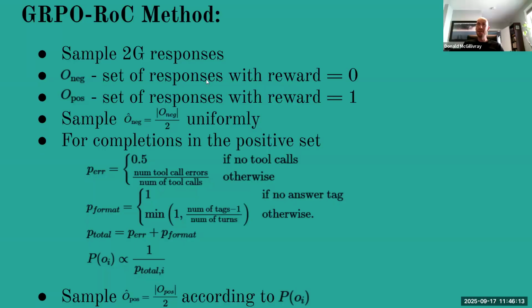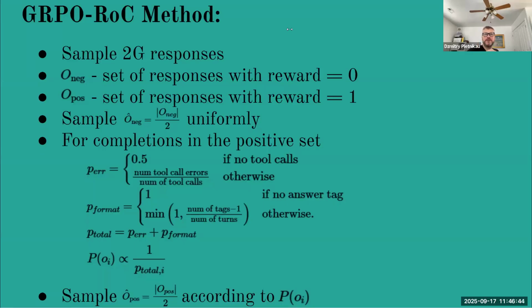Just thinking out loud, a higher number there would mean it would encourage no tool use, just the answer, and the lower number would encourage tool use. No, p total is in a denominator.